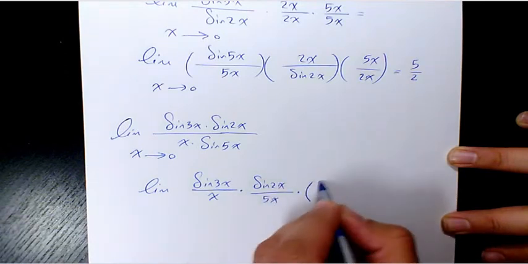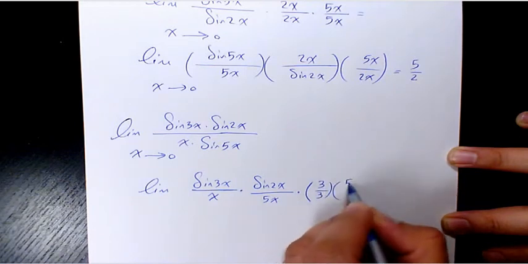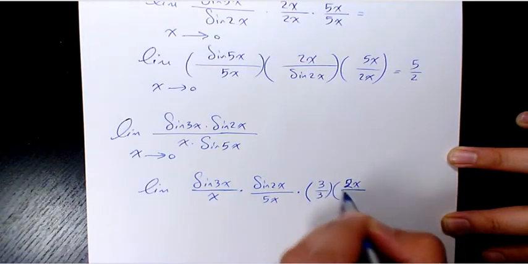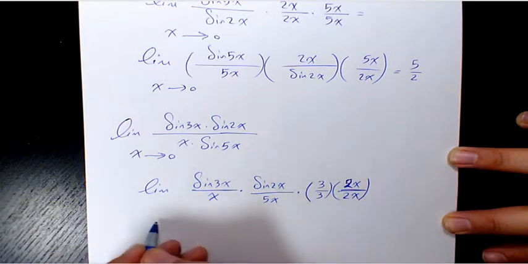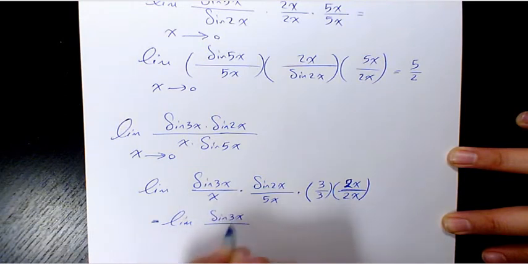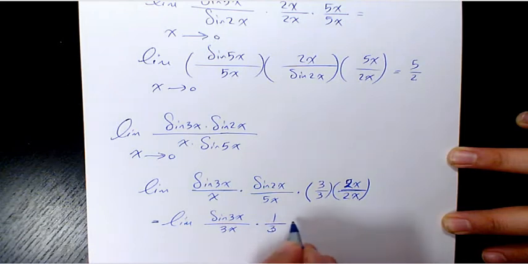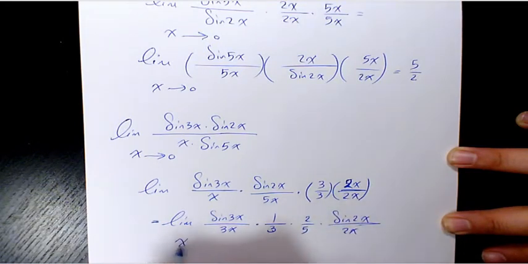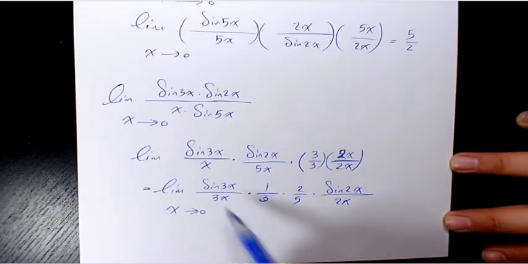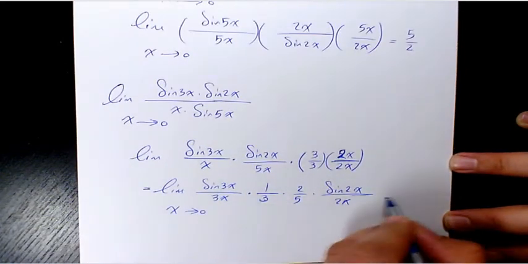In this case, we multiply by 3 over 3 and 2x over 2x. Then it will be the limit of sine 3x over 3x times 3, 2 over 5, and sine 2x over 2x when x is approaching 0. This one is going to be 1, this one is going to be 1, and you have 6 over 5.